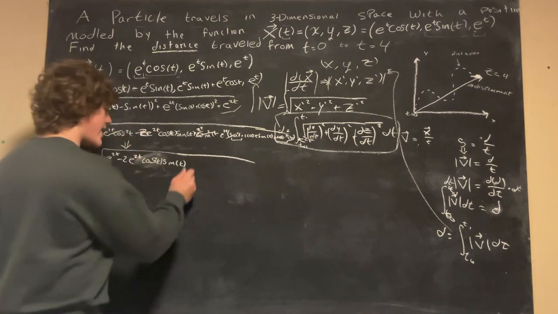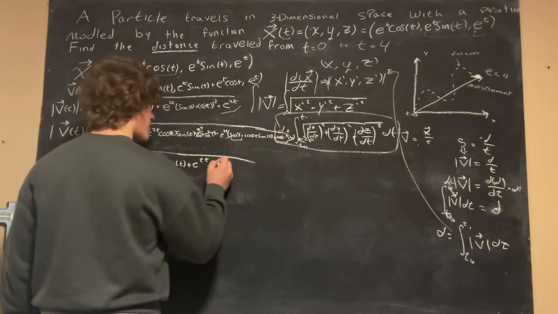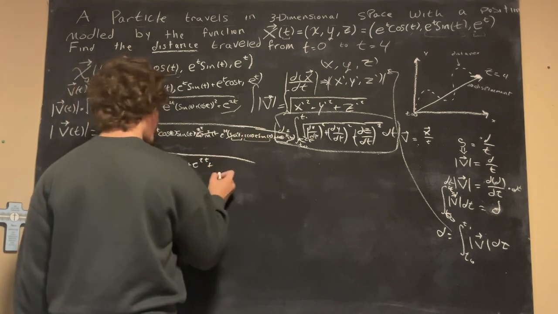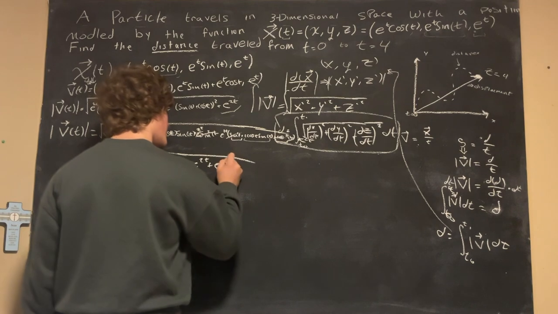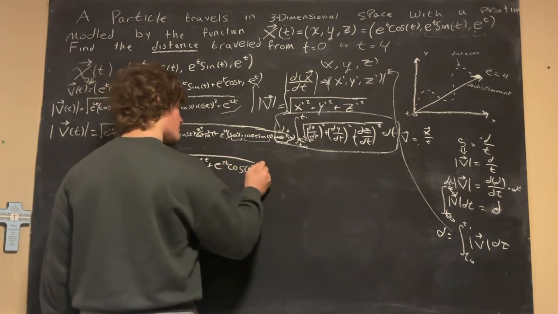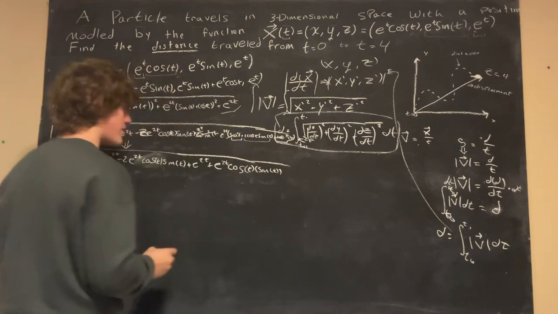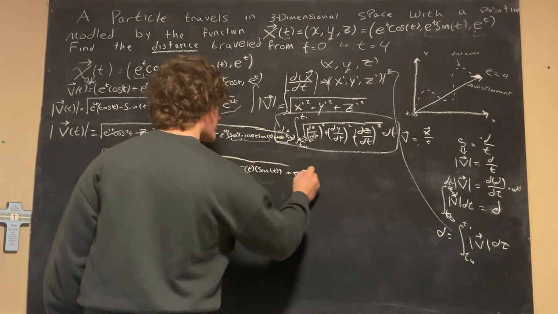Now we are going to add e to the 2t, plus this term right here, which is just e to the 2t times cosine of t sine of t, plus e to the 2t.